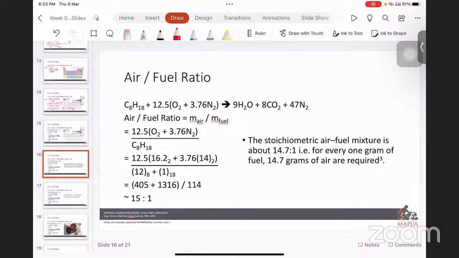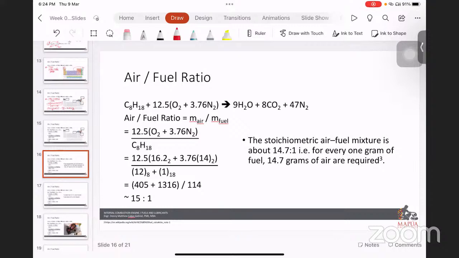So kapag sinearch mo sa Google kung ano ba yung ideal air-fuel ratio to burn off petrol, ang lalabas sa Google is about 14.7. Okay. So for every 1 unit of your fuel, you would need about 14.7 units of air. Ang diferensya ng 14.7 versus sa kinalculate natin kanina na 15 is yung other substances present in air na hindi natin consider. If you consider that, our calculation would have been somewhere closer to 14.7.